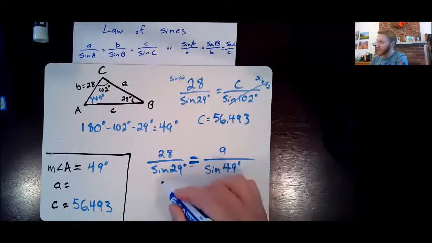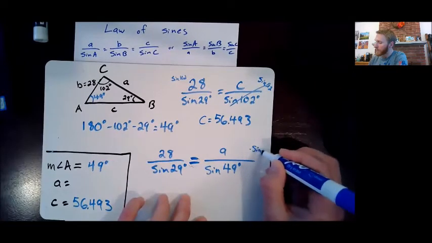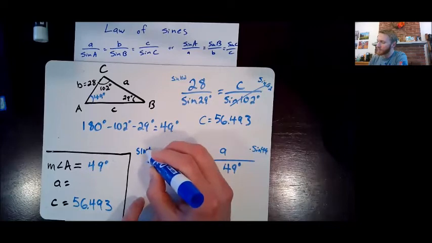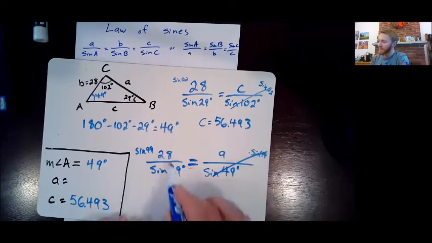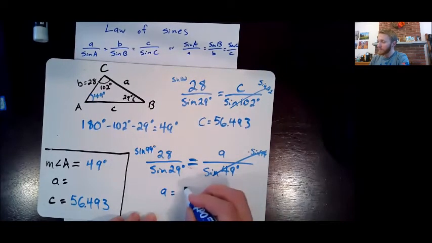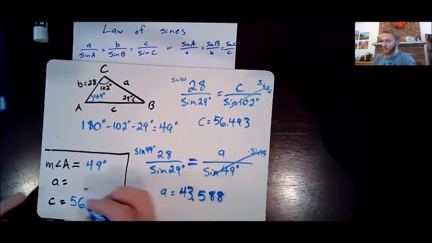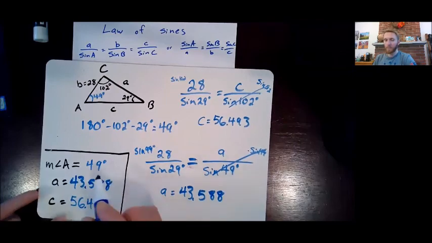Either cross multiply and divide to solve for A, or multiply by sine of 49 on both sides. It cancels out on the right, and again, type this exactly as it is into your calculator, and you will get a value of A equals 43.588, and those are your three answers. You've solved the triangle.